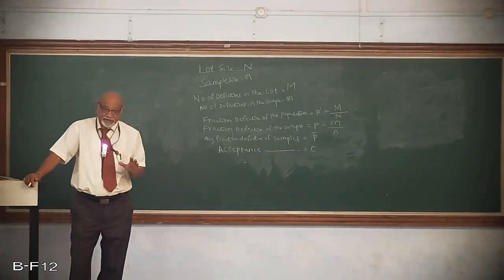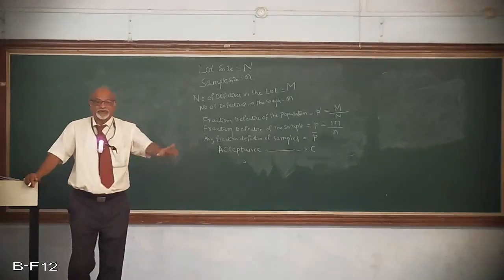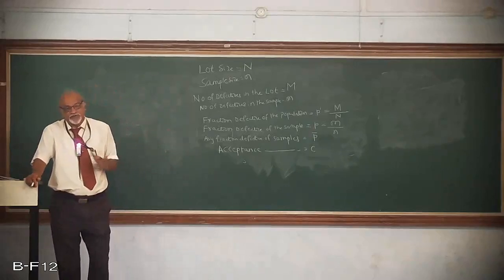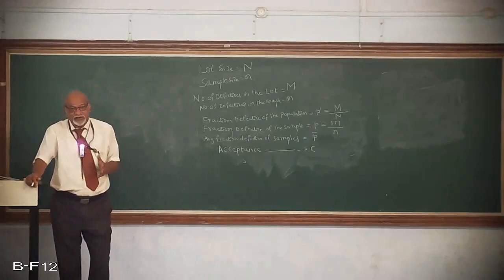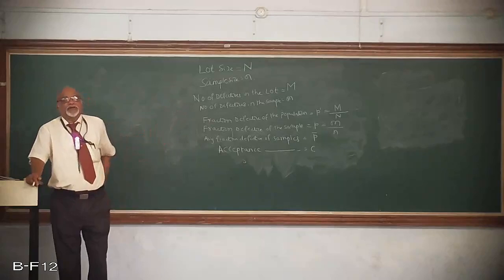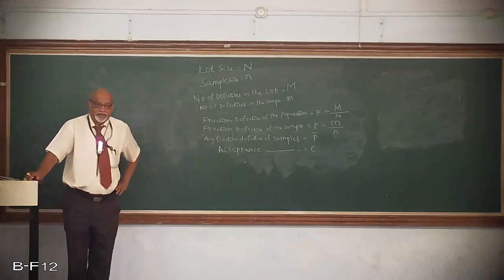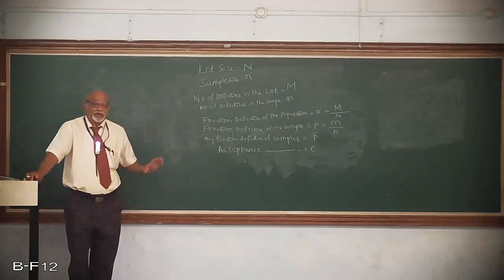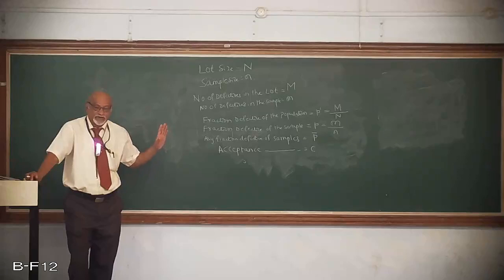But if it contains more than 2 defectives, it will be rejected. More than 2 in the sense what? It will be an integer, only 3, 4, 5 like that. And it cannot be less than 0, and no fractions. Got this one? So the acceptance number C might be greater than or equal to 0, but integer values. This is what is called the acceptance number.